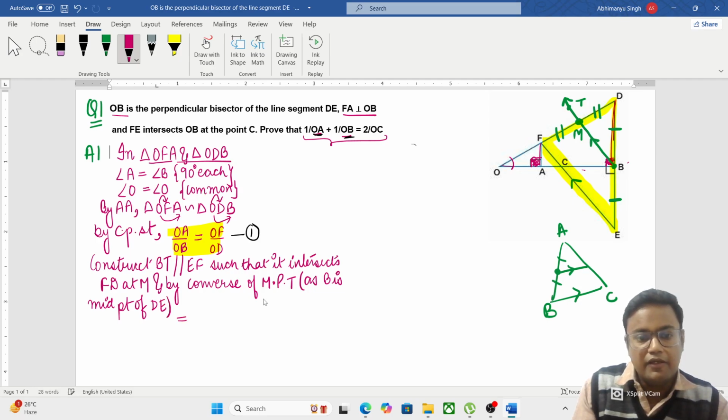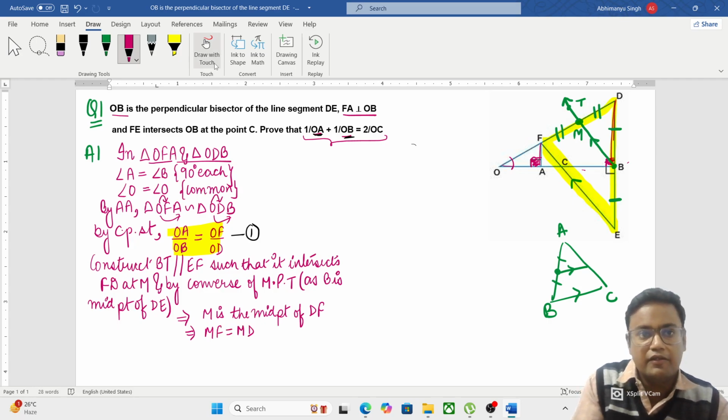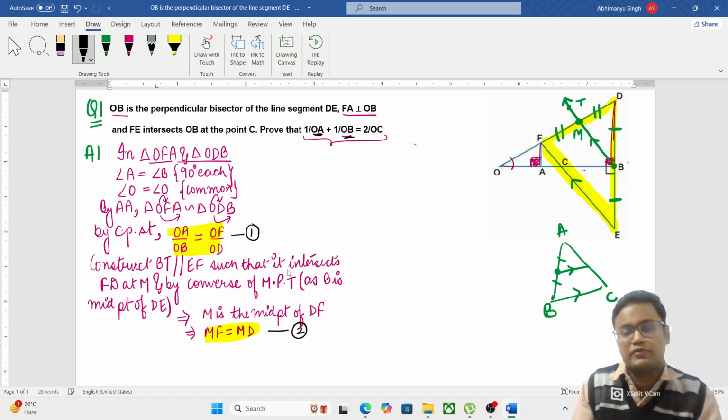I can write that M is the midpoint of DF. Or I can say that MF is equal to MD, right? Again, a very important finding. We must save it for our further use. We will keep it saved for later.